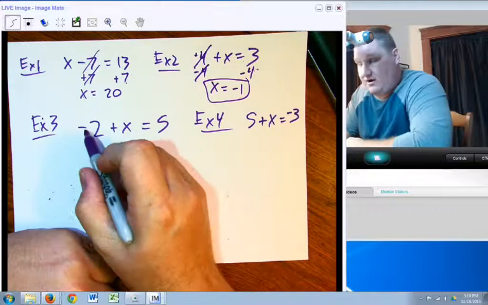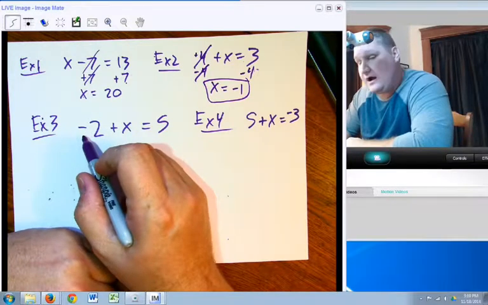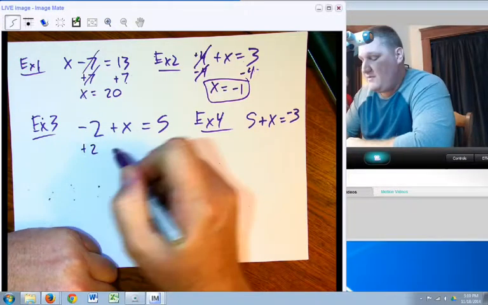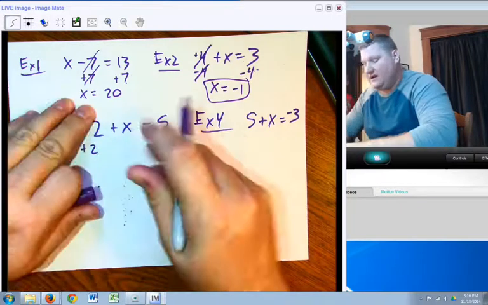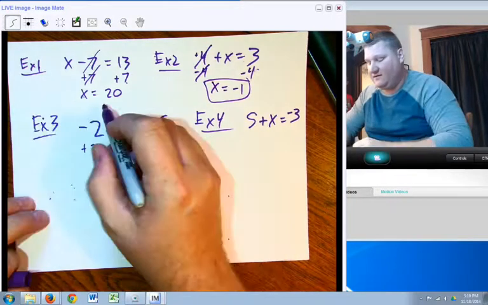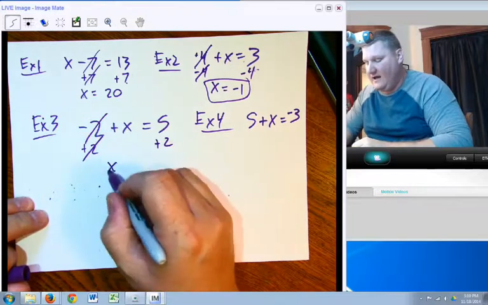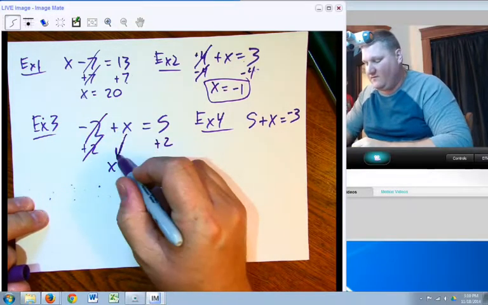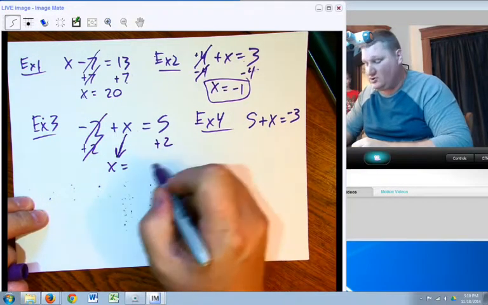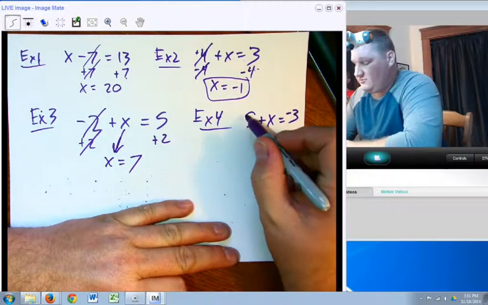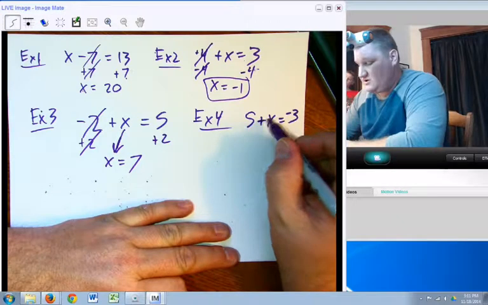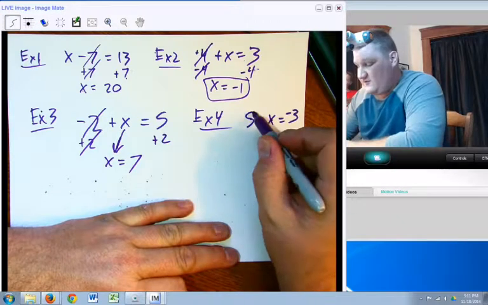Over here, how do I get rid of a negative 2? The opposite of negative 2 is positive 2. And so if I put a positive 2 on this side, I must put a positive 2 on this side. These two go away. x is the only thing that's left over here, equals 5 plus 2 is 7. Finally, we're back to one of those secret pluses because this plus goes with the x. What's in front of this 5?